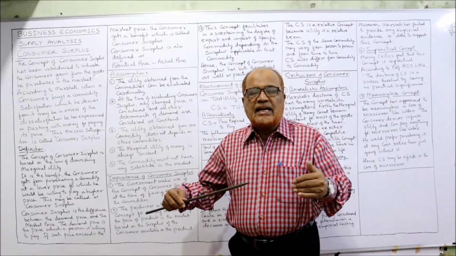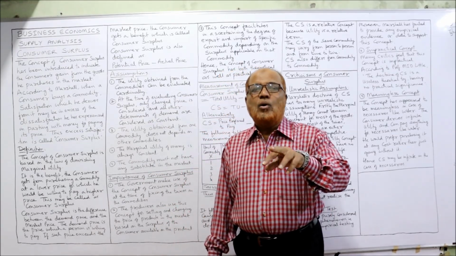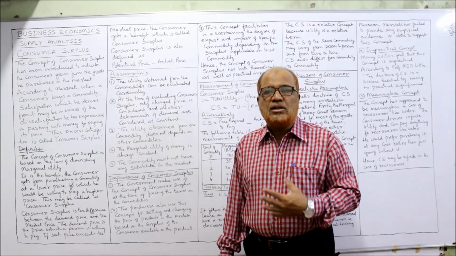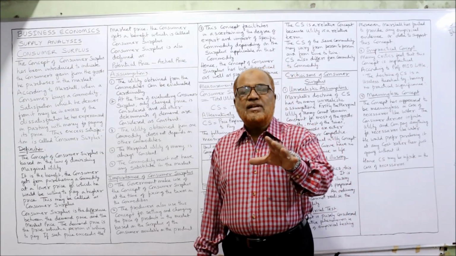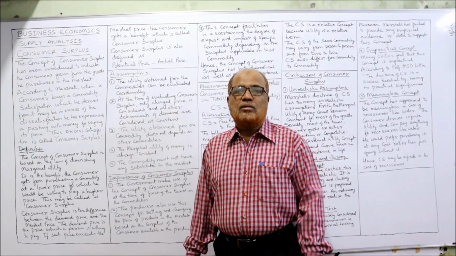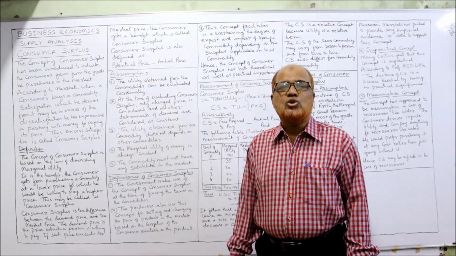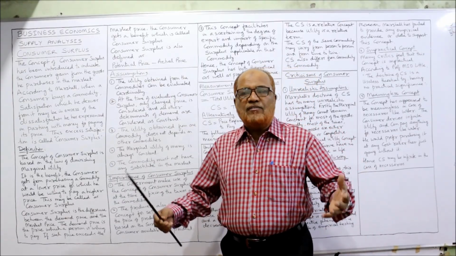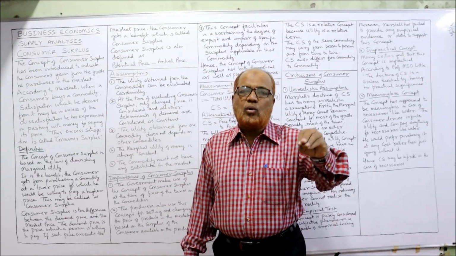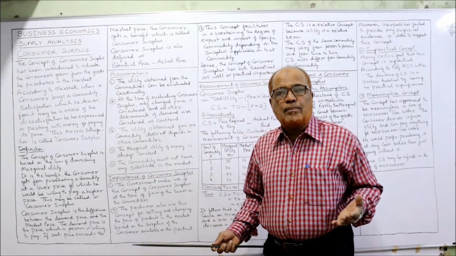So something he is getting and something he is giving. We are comparing the price he is paying and the satisfaction he is getting. If the satisfaction he obtains is more than the price he pays, then we call it consumer surplus. Suppose I get 100 units of satisfaction, whereas I am paying only 80 units of money, that means I am getting consumer surplus.